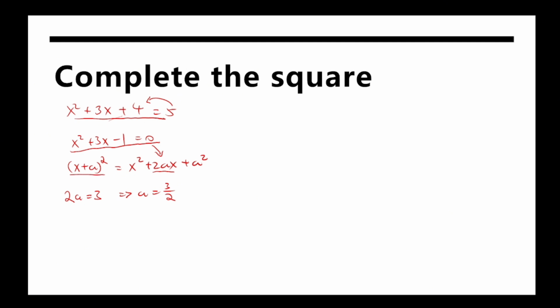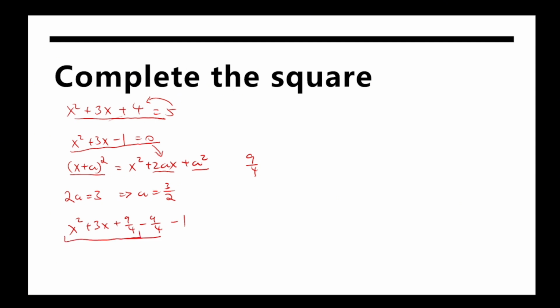But we notice that the constant term a squared should be 9 over 4 instead of minus 1. So what we'll do here is x squared plus 3x plus 9 over 4 and minus 9 over 4, canceling out, keeping it exactly the same, minus 1 here.